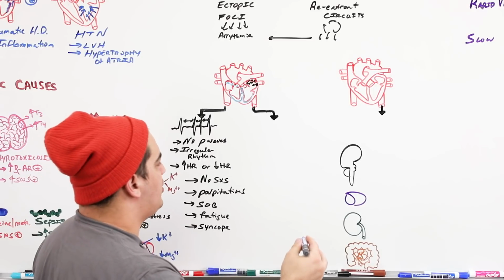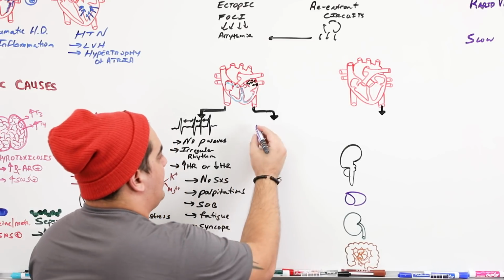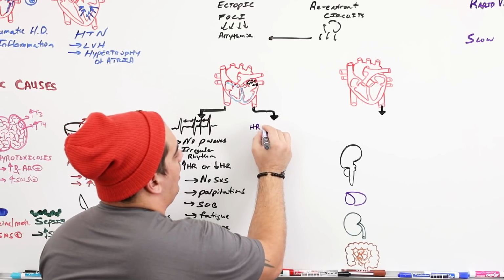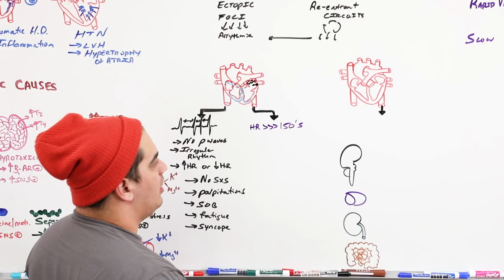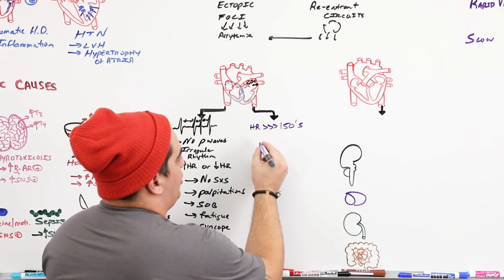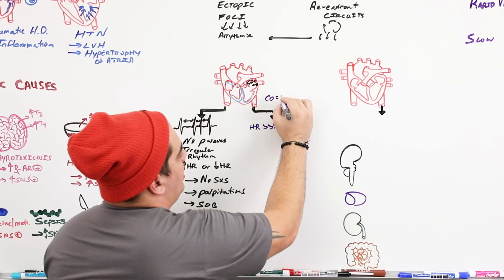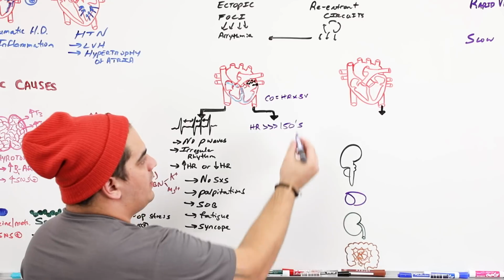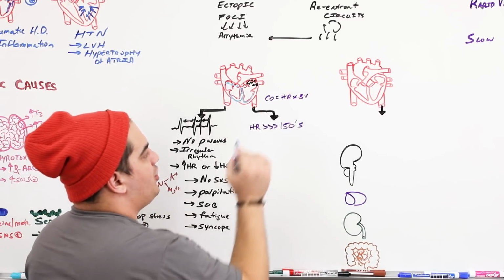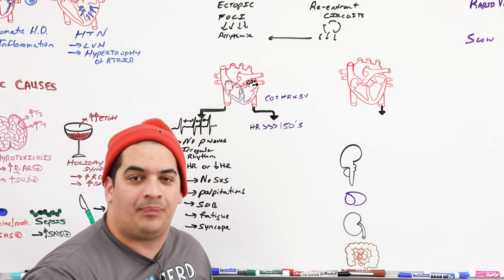So what if the heart rate's going really fast though? And I mean fast. Like what if the heart rate's starting to tack away? You're getting greater than 150s on your heart rates. Now, you guys remember our equation that says cardiac output is equal to heart rate multiplied by stroke volume, right? So correlationally, you would say, oh, if there's an increase in heart rate, it should increase our cardiac output. You'd be correct.